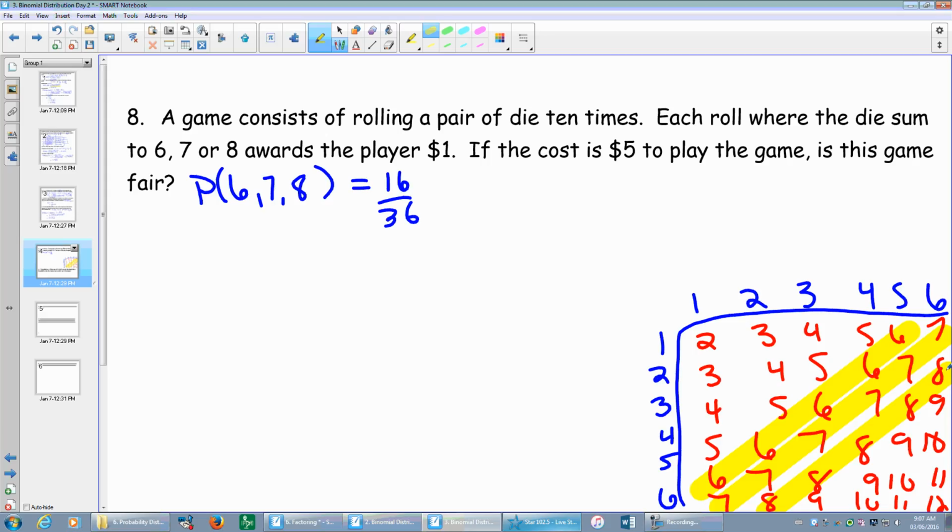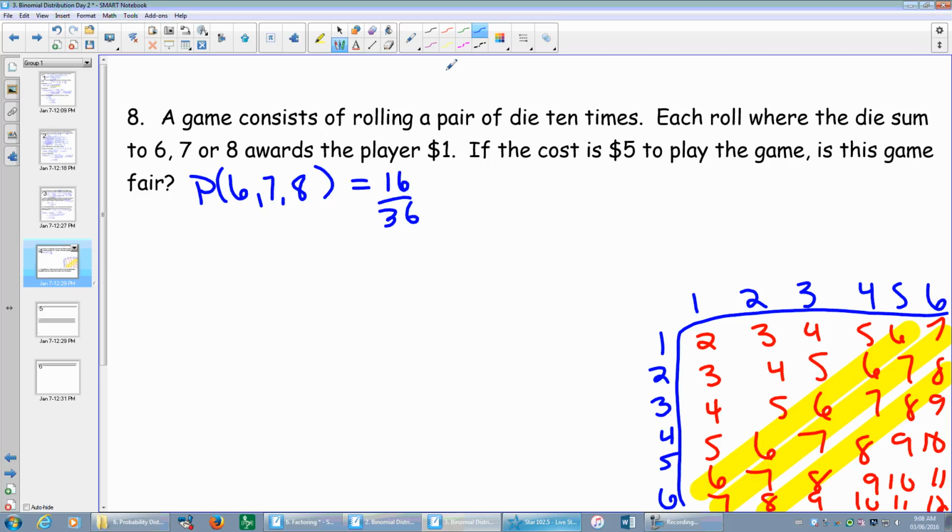So if it costs $5 to play, how do I figure out if the game is fair? I have to calculate the expected value. Well, how much money are you expected to win?